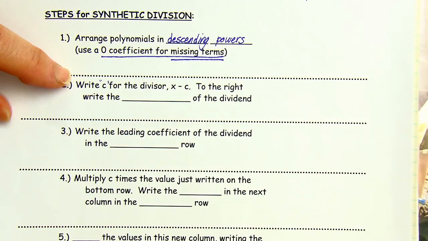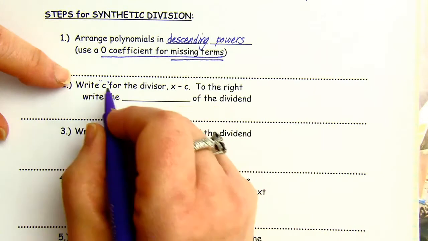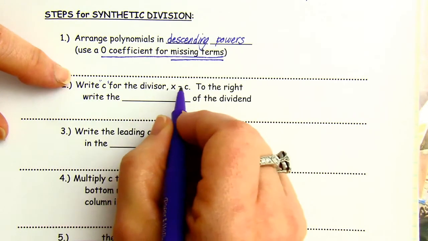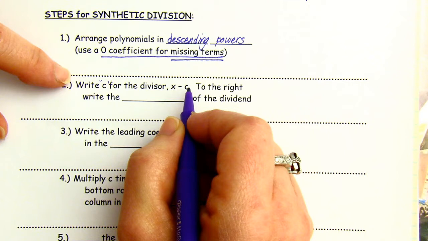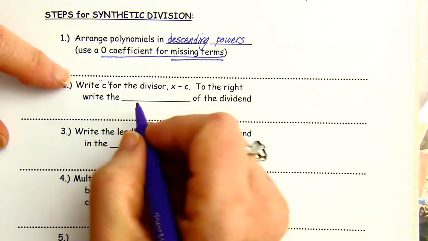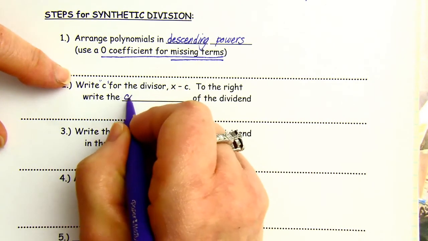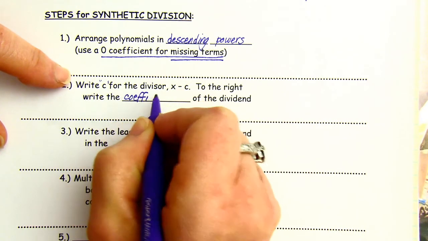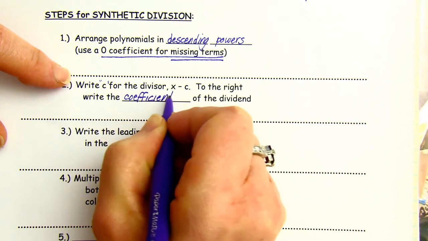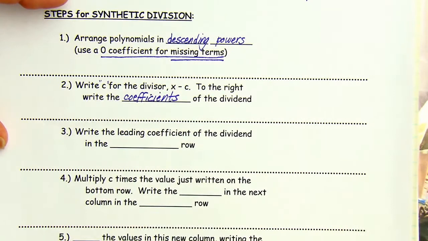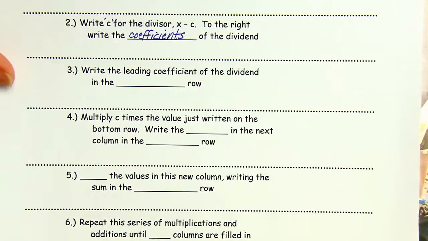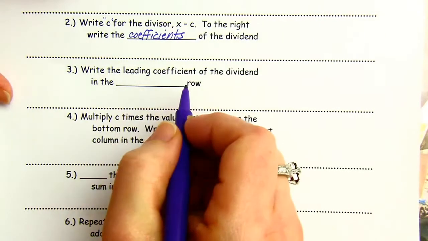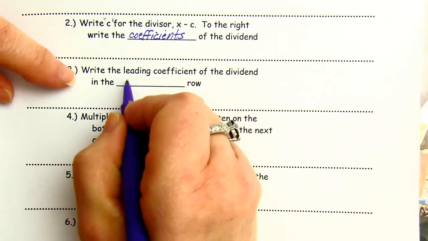And then to the right of that value, whatever c is, if this was x minus 2, my c value would be 2. And I would write a 2 down. And to the right of that, I would write the coefficients of the dividend. After I write the coefficients of the dividend, I'm going to write the leading coefficient of the dividend in the bottom row.